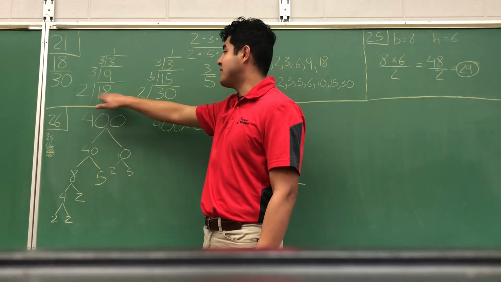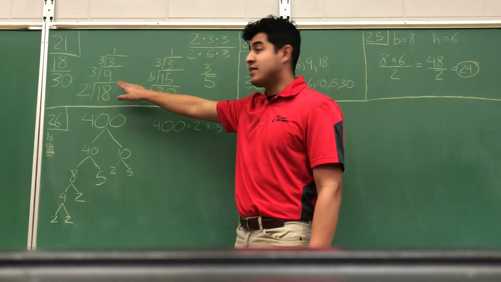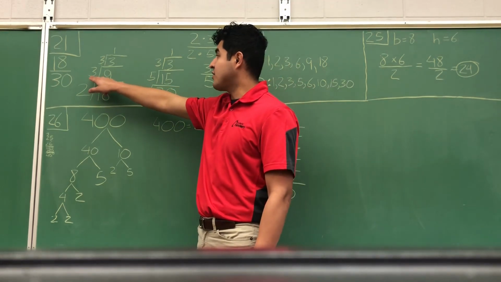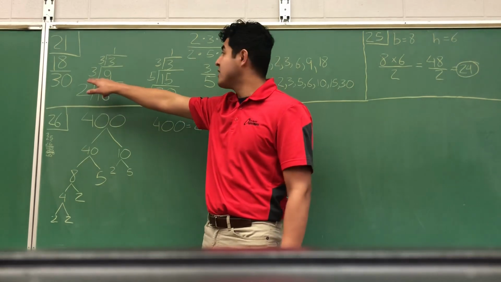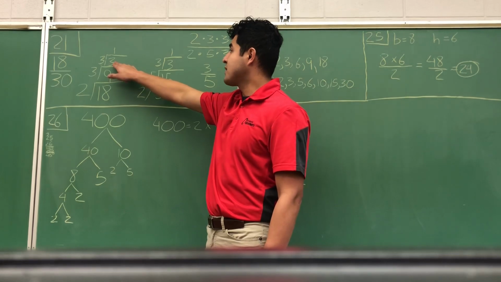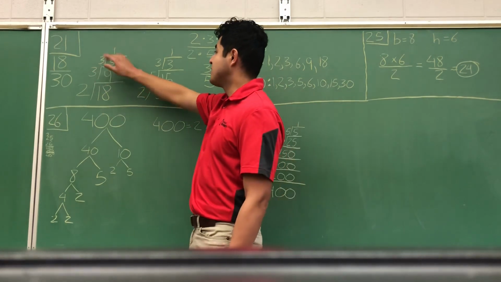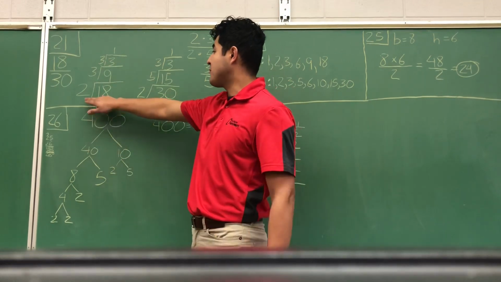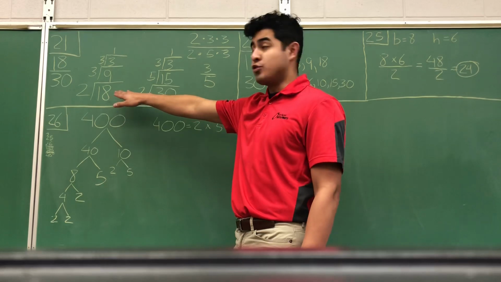So we went ahead and divided that. 18 divided by 2 is 9. Then we found the smallest prime number that goes into 9, which in this case is 3, okay? Then we divided that, which gives us the answer 3. And the smallest prime number that goes into 3 is the number itself, 3. So you got 1, okay? So this is the prime factorization 2, 3, and 3 for the numerator 18.